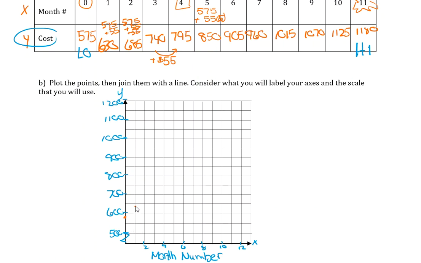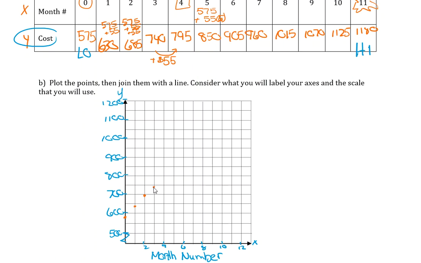Again, it's a little hard. I'm just doing the best I can. I know they have to line up in a line when I'm done. They might be a little off because of the scale that I picked here. 2 and 685, even harder, but I'm keeping an eye on my other points and I know they have to line up. 3 and 740, that's just below 750.